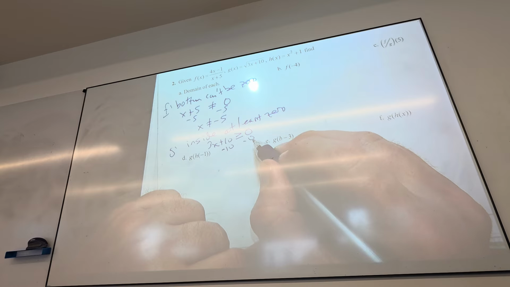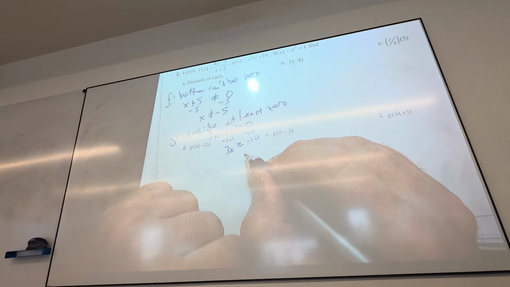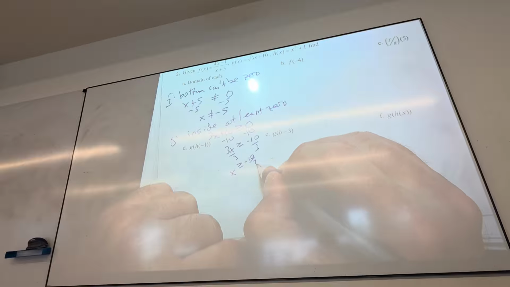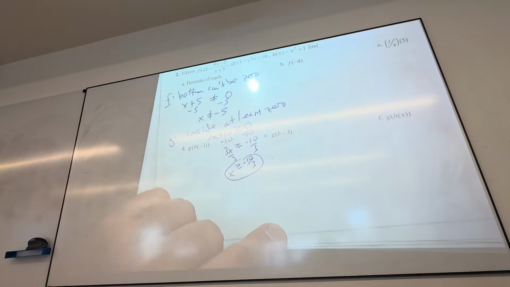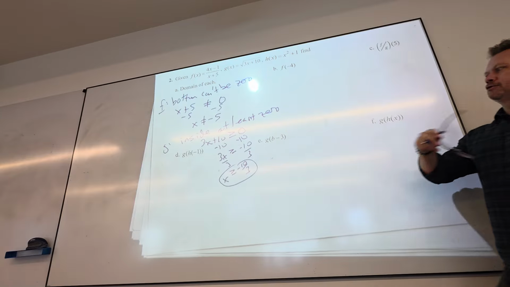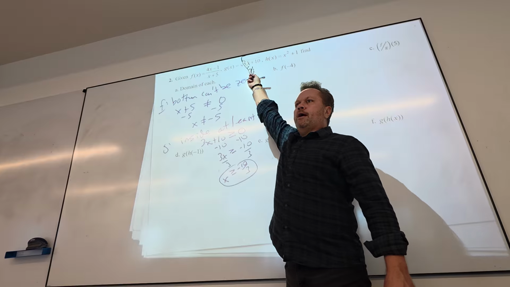Subtract 10, and then divide by 3. So that's the domain of g. It's got to be at least negative 10/3. If you try to plug a number in below negative 10/3, that becomes imaginary.